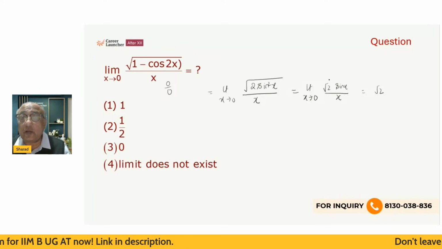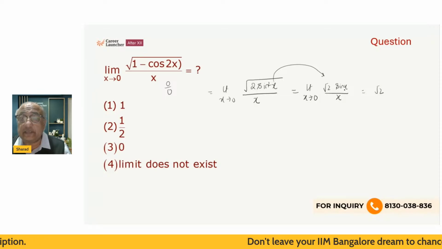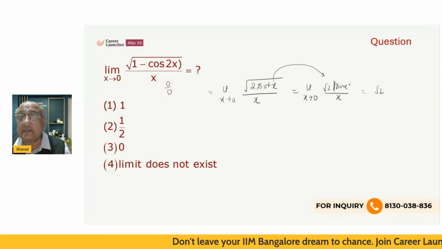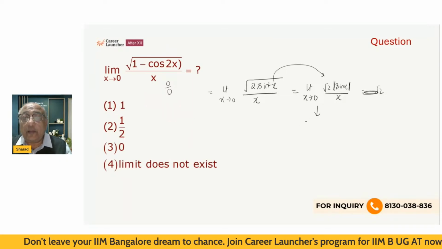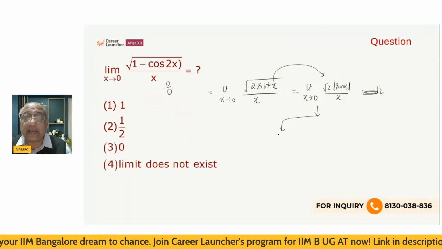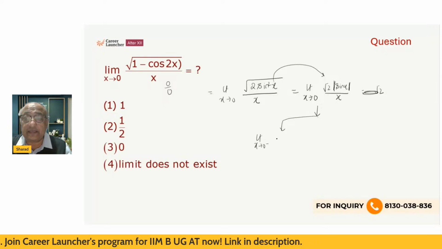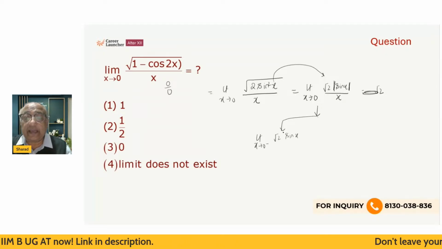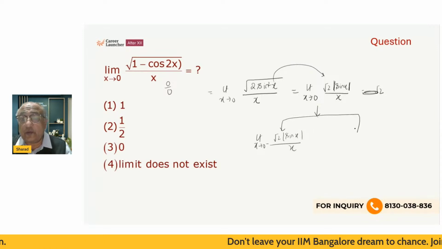Why is it not? Just coming from here, I've made a mistake. Under root of sine square x is mod sine x. So this will be solved in two ways. I have to find left hand limit, that is x tends to 0 minus root 2 sine x mod sine x upon x, and I have to find out right hand limit.